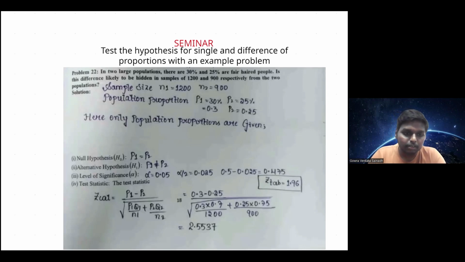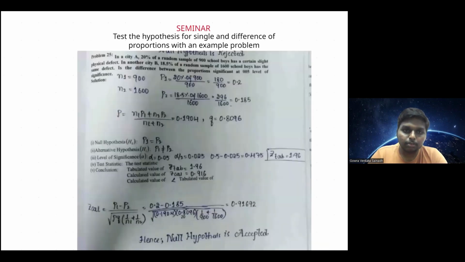So Z calculated equals P1 minus P2 by square root of P1 Q1 by N1 plus P2 Q2 by N2. By calculating, we get 2.5537. So here Z calculated is greater than Z tabulated, so null hypothesis is rejected.